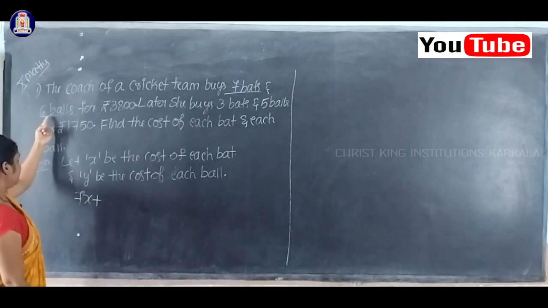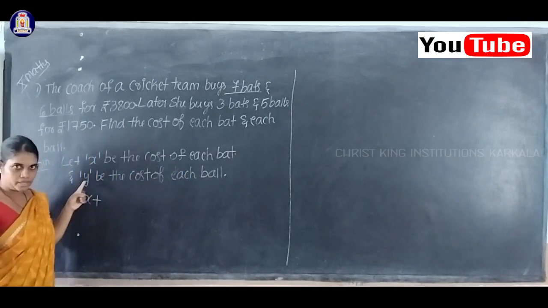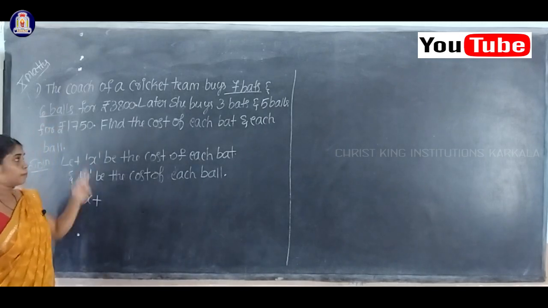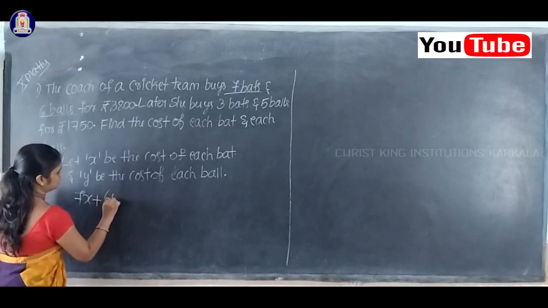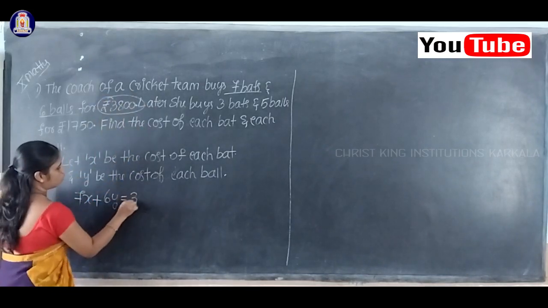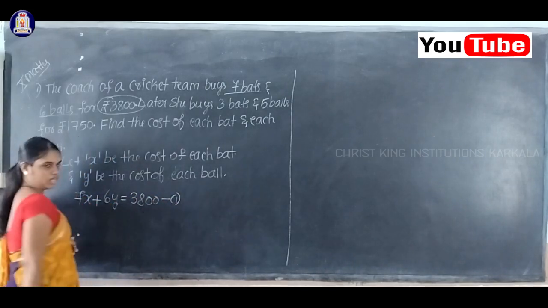Plus 6 balls. Cost of 1 ball is y, so the cost of 6 balls is 6y. Equal to the total amount, 3800. This is case number 1.